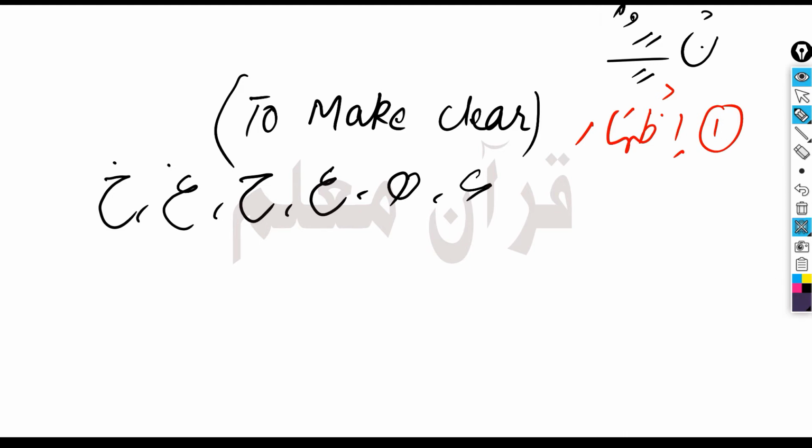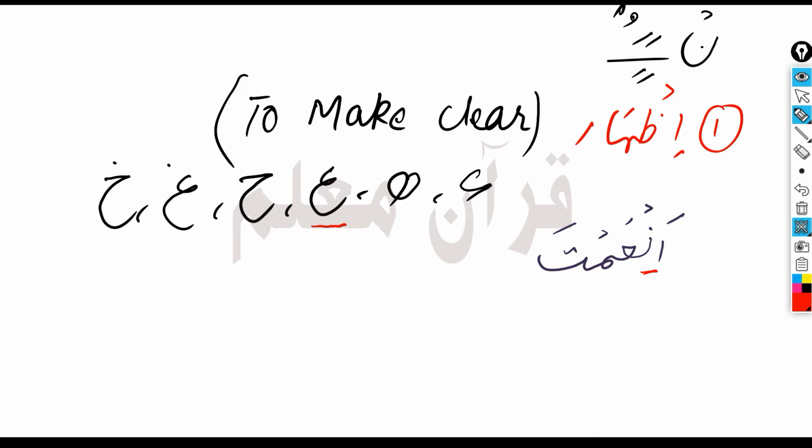For example, in the first surah, Surah Al-Fatiha, we have a word which is an'amta. Here you can see noon sakin, and after noon sakin, we have ayn. And as you can see, ayn is here in these 6 letters. It's a letter of izhar.